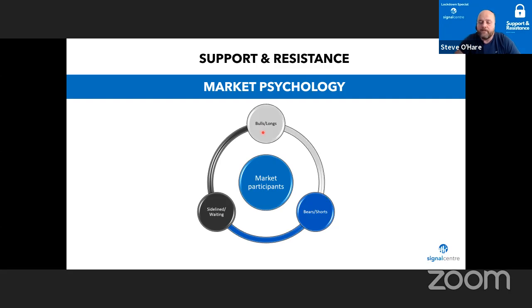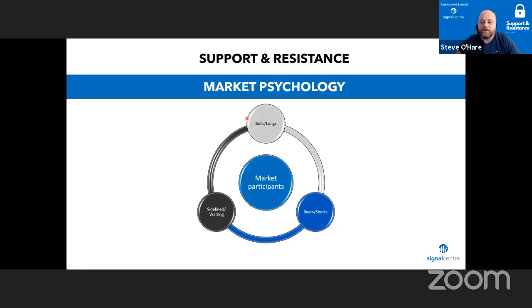And it's only really when they start to become less confident, and the bears appear on the horizon and cause a stall in the price action moving higher.